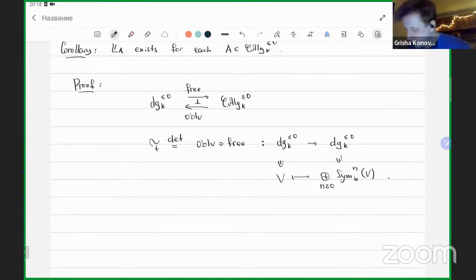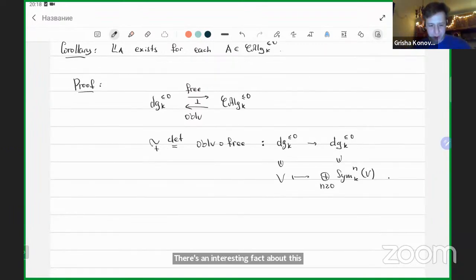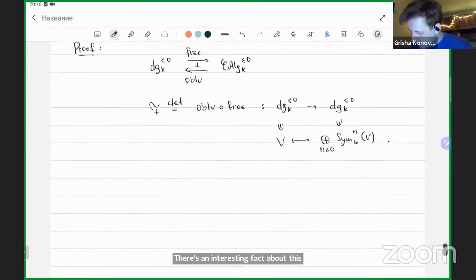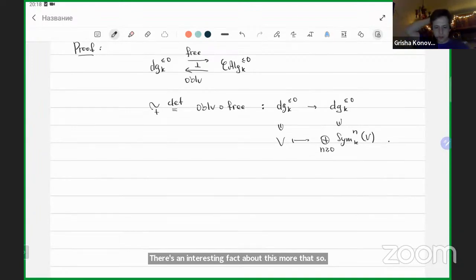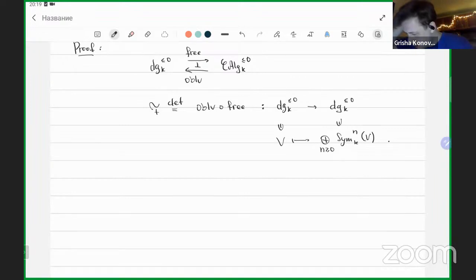And there is an interesting fact about this monad. But maybe I wanted to do it differently.